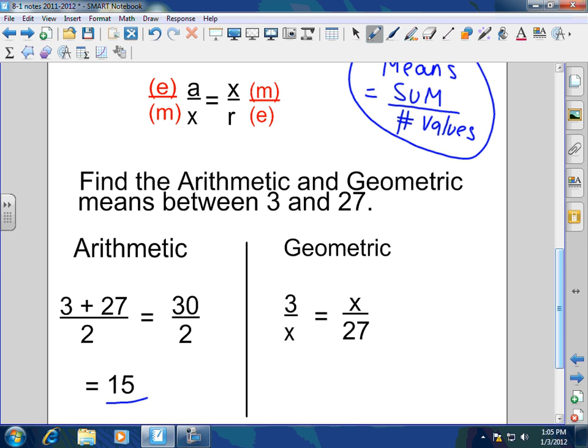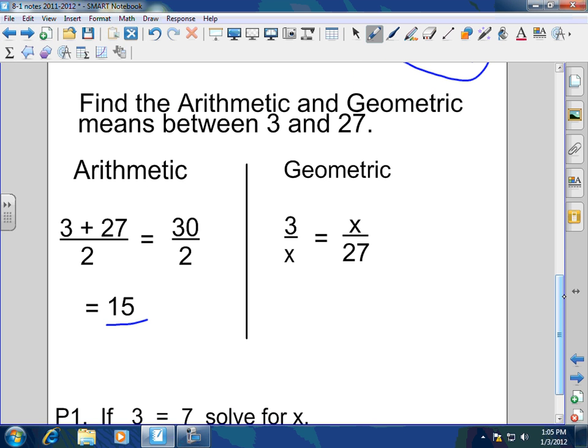To find the geometric mean, we're trying to find the x. So to find the geometric mean, I have the extremes, which were given. 3 over x, which is the mean, equals x over 27, which is the other extreme. And you would cross multiply, absolutely, sir. So this would be x squared equals 81. You cancel out a power of 2 by taking the square root of both sides.